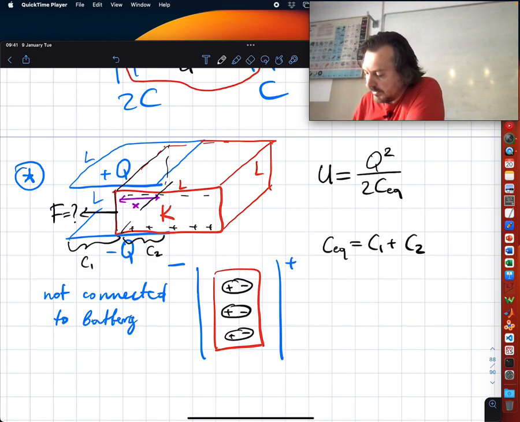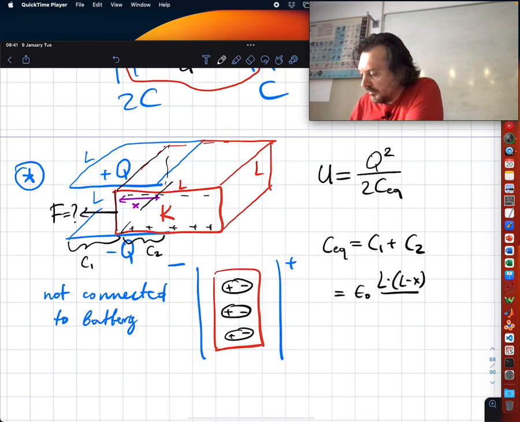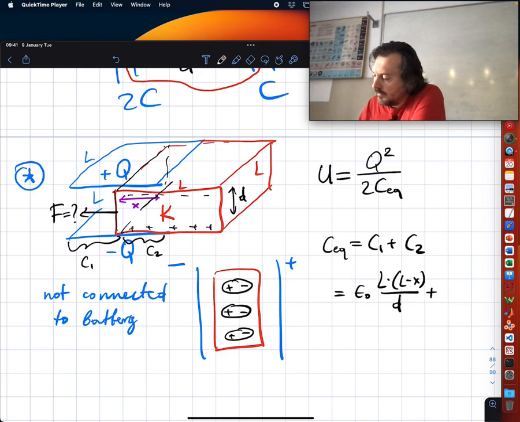What is C1? Epsilon 0 A over D, and A is L times L minus X over D. I didn't give D, so let me give you D. Plus K epsilon 0 times L times X over D. Everybody agrees with this? Yes?